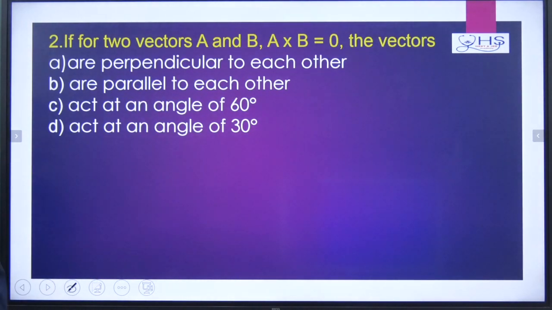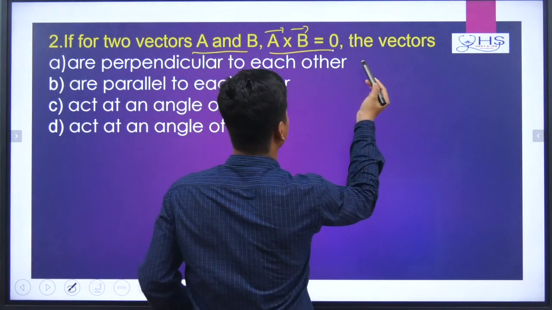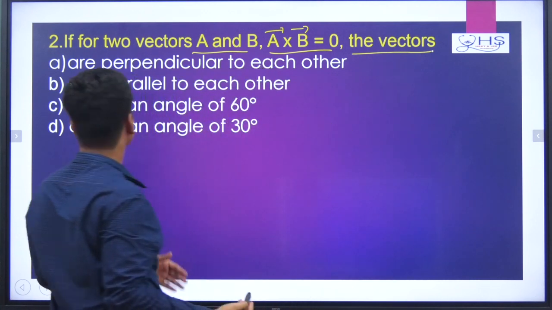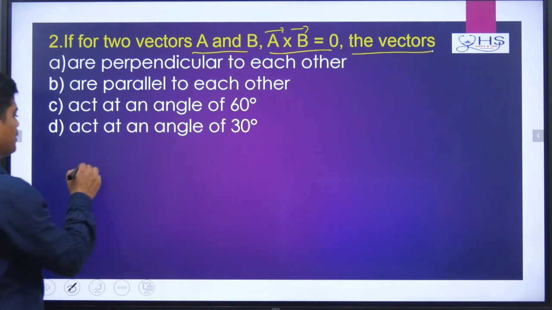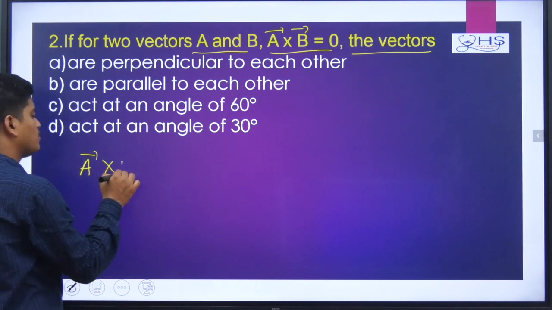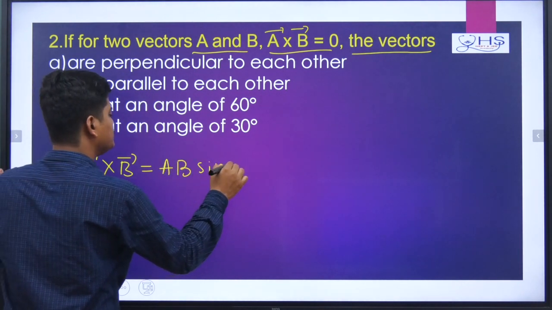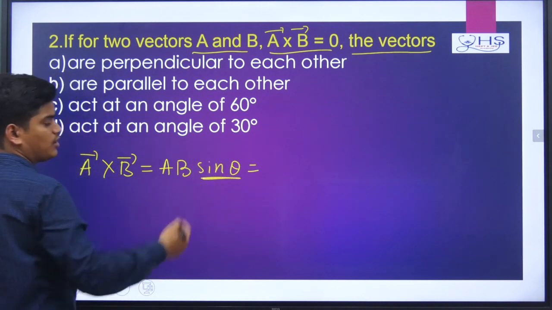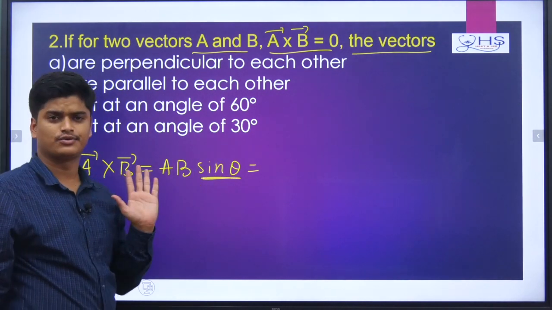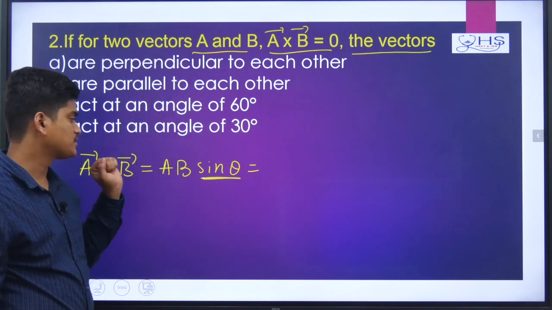Now if two vectors A and B have A cross B equal to 0, then what is the angle between them? Options given: 60 degrees, 30 degrees and so on. Remember, A cross B is nothing but AB sin theta, and when it is 0, either A is 0 or B is 0. Here A and B are supposed to be non-zero vectors.